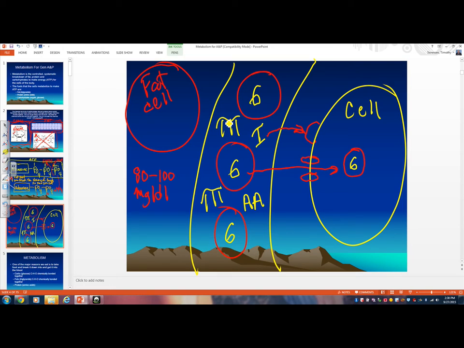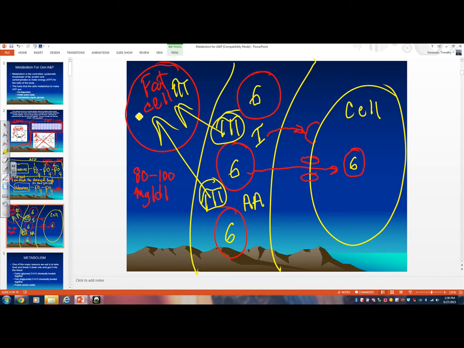So another function of insulin, besides allowing glucose into the cell, is it will take fat and store it in fat cells. If fat, triglyceride, is stored in the fat cell, it can't be used by this cell to make energy. That guarantees that glucose will be the most readily available fuel.